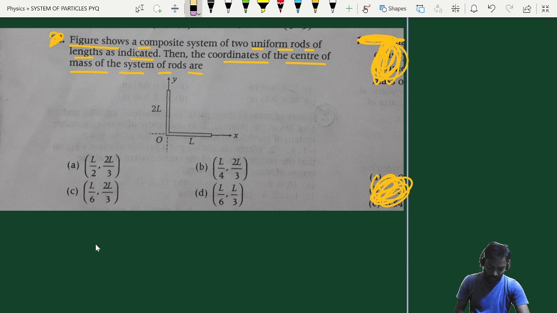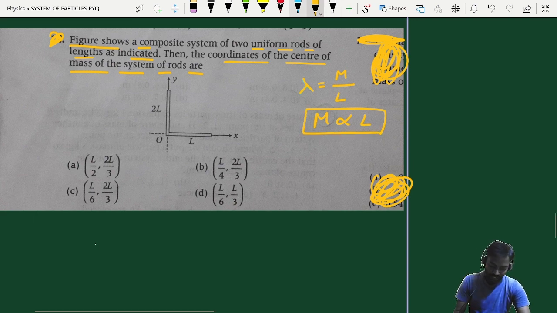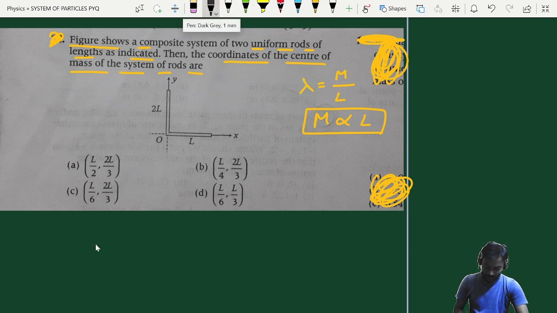So these two rods are said to be uniform. So linear mass density lambda is nothing but mass per unit length. So mass is directly proportional to length if they have uniform density. So we can say if the mass of the rod of length L is m, the mass of the rod of length 2L must be 2m.